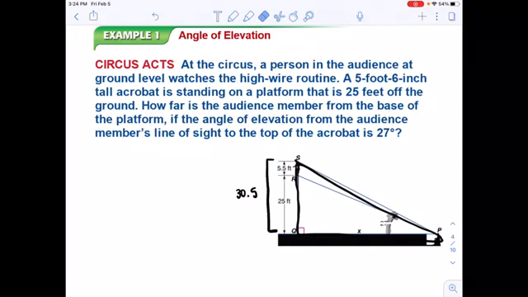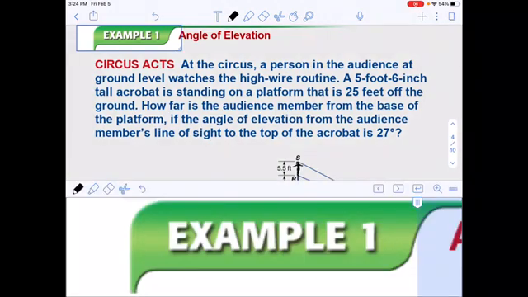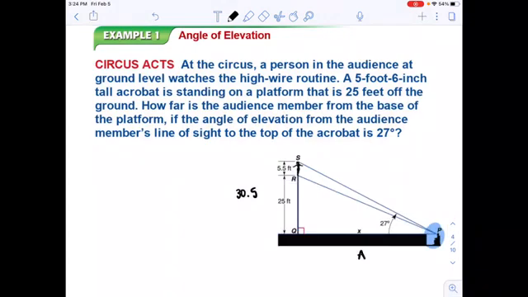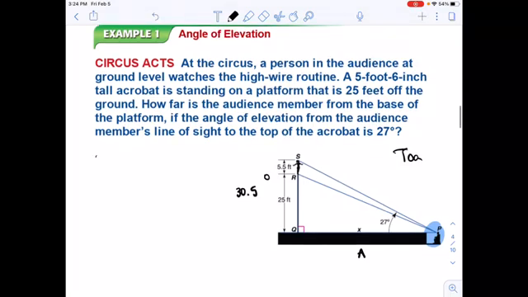We are going to figure out from the person's point of view what trigonometric function we should use. We also have that angle specifically. So we have adjacent is what we are trying to find, and opposite is what we are given for the side length. So we are going to use tangent. So SOH CAH TOA.